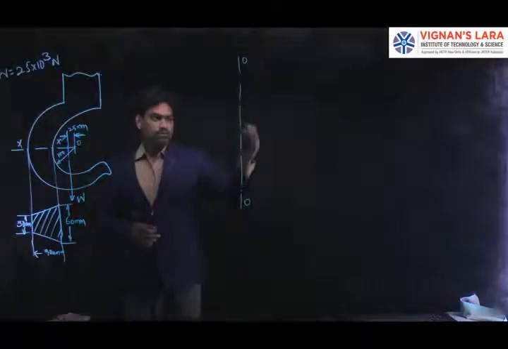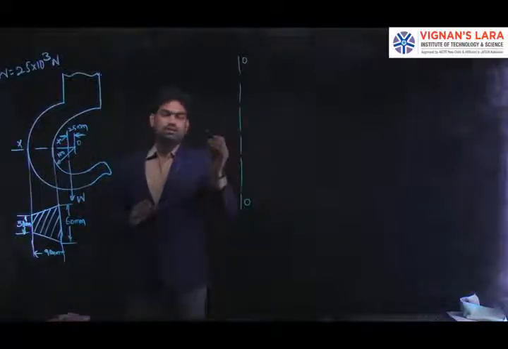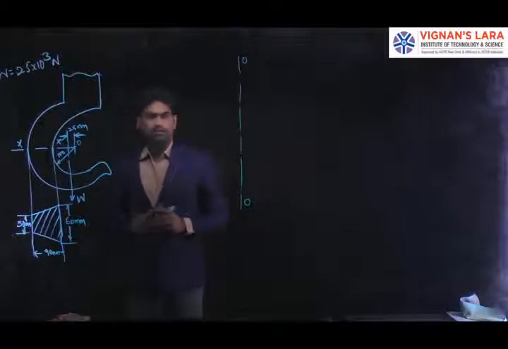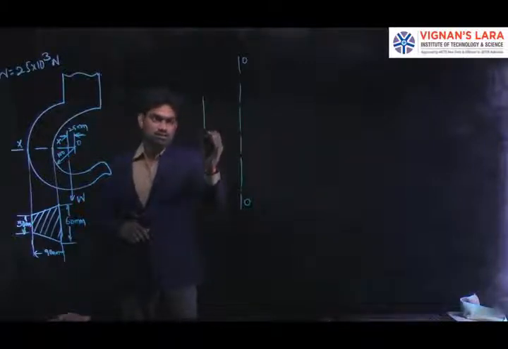With respect to the center of curvature line, the distance from the center of curvature to the inner fibers, that is 100 mm, is Ri. I can draw a separate cross section here, a trapezoidal cross section.